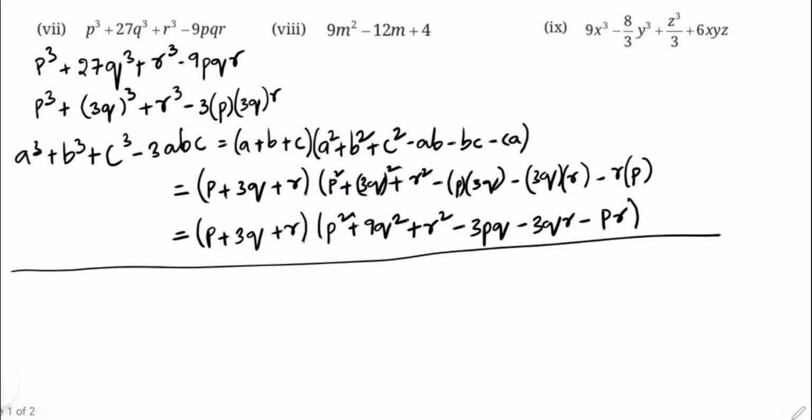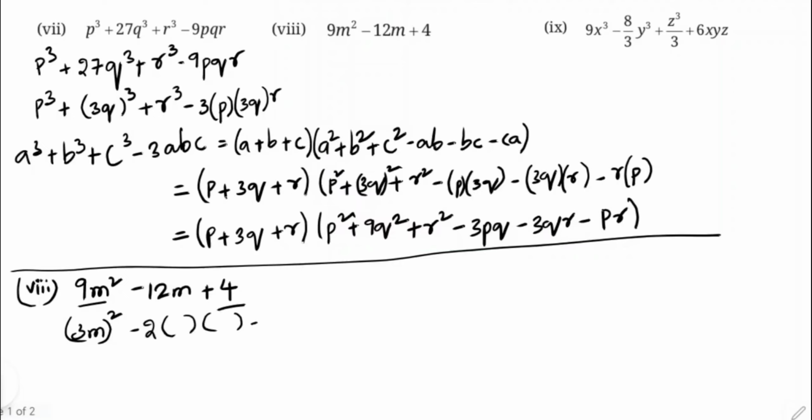Now let us solve 8th bit. 8th bit is 9m² minus 12m plus 4. Here if you see it carefully, this is in the form of a square minus 2ab plus b square. Okay, so let us write down this as 3m square minus 2 a and b plus 2 square.